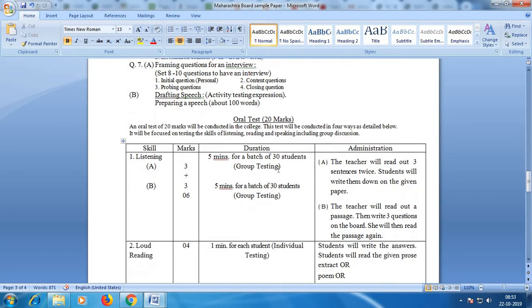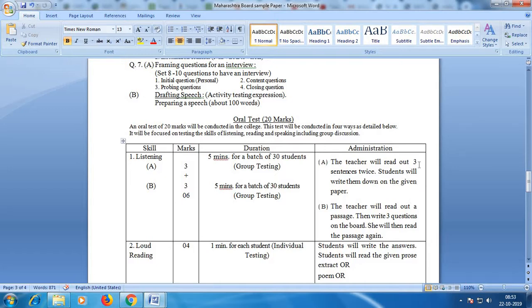Now you also have an oral test of 20 marks. So in this, first is listening. Listening is tested. In listening, you have two things: 3 plus 3 marks 6, 5 minutes for a batch of 30 students. One is a group testing, again 5 minutes for a batch of 30 students. So, what is done actually?